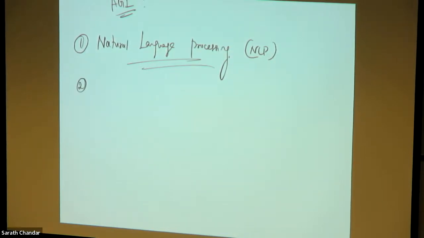Now, the second important characteristic for such a general purpose system is vision. The system should be able to see the world and perceive it and act accordingly, right? So this is the whole field of computer vision. Again, an application of machine learning.